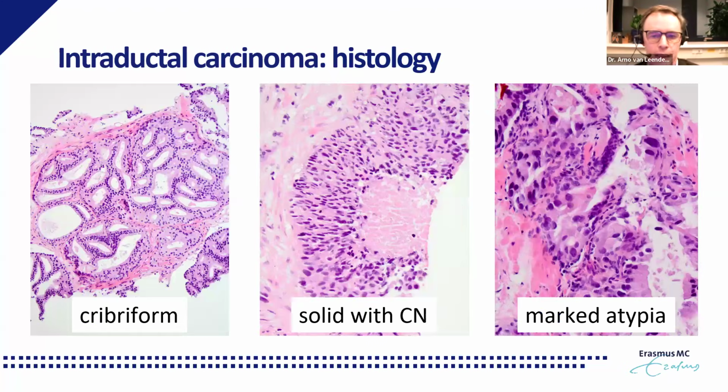So these are 3 examples. On the left side, typically cribriform intraductal carcinoma, a basal cell layer was intact there. In the middle, solid IDC with comedonecrosis. Also basal cells were present. One may even think about distinguishing this from urothelial carcinoma or extension of urothelial carcinoma in situ within the prostatic ducts.